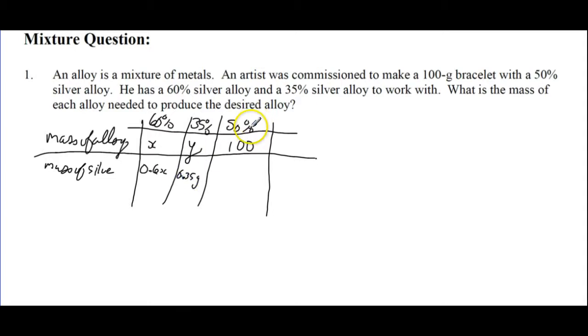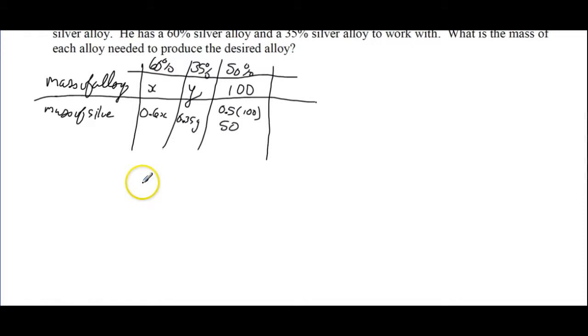And if you have a 50% alloy, then you have 0.5 times 100, which is 50, so 50 grams. And you notice by doing the table, we also get our equations here, right? So we have our two equations. x plus y is equal to 100, and 0.6x plus 0.35y is equal to 50.